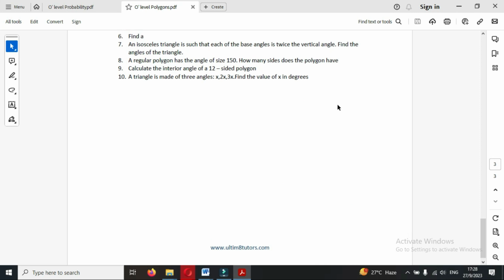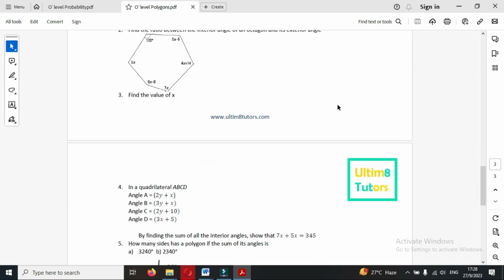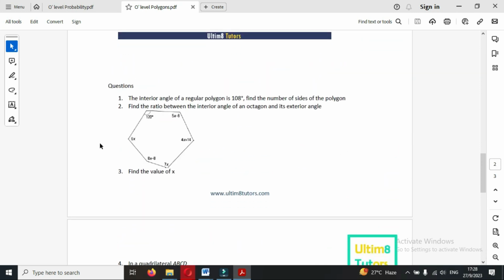Okay, so let's move down here and see some of these questions. You can see we have a bunch of questions grouped together down there, but today we're just going to focus on one. Let's choose number 3, the one with the shape that has the marked angles inside. Number 3 says find the value of x.